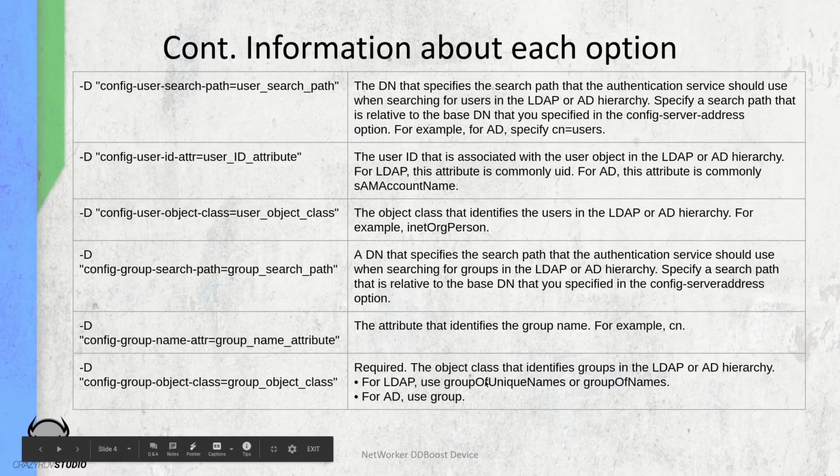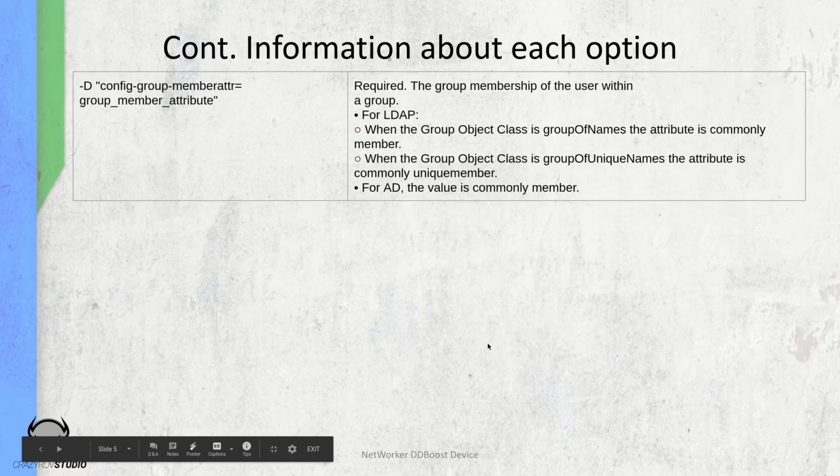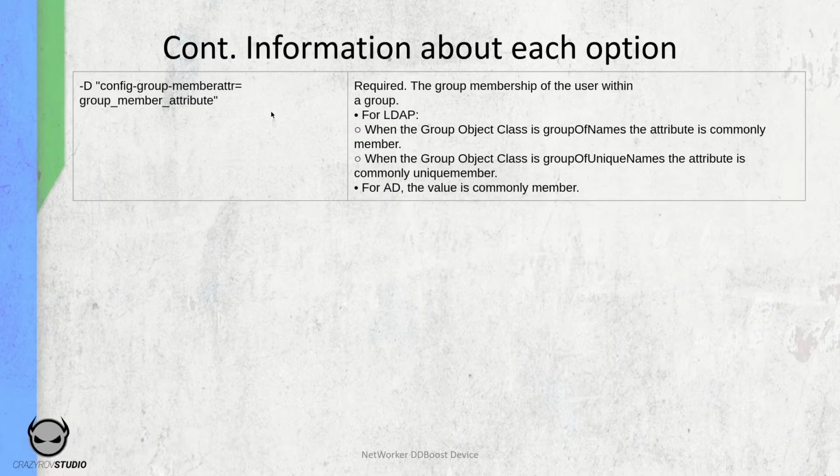For Active Directory, it is just called group. So just leave it as it is, because this is going to be filled automatically. The last option is the config group member attribute. For Active Directory, the value is mostly member. So this again is going to be automatically populated in your configuration.